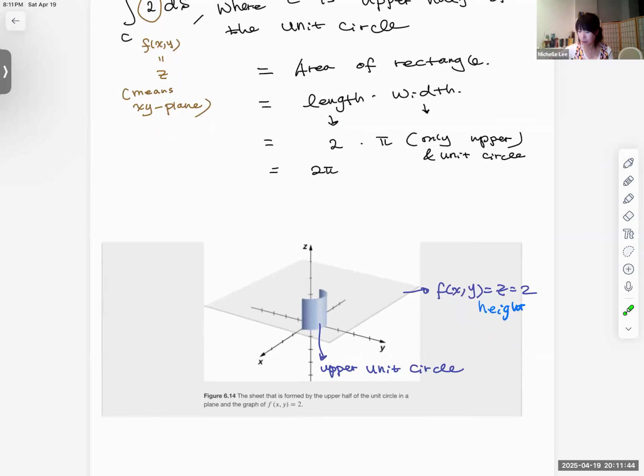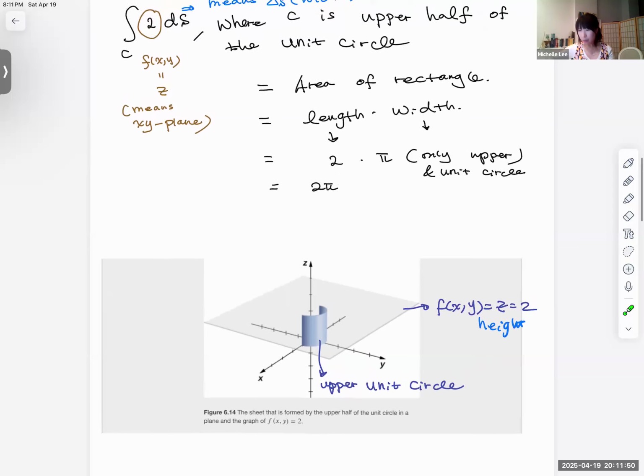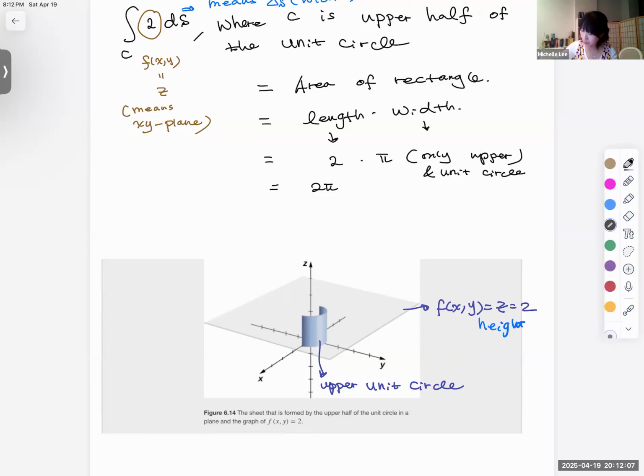If we flatten this upper unit circle, it becomes a rectangle. The area of a rectangle is length times width, or height times width, either way.